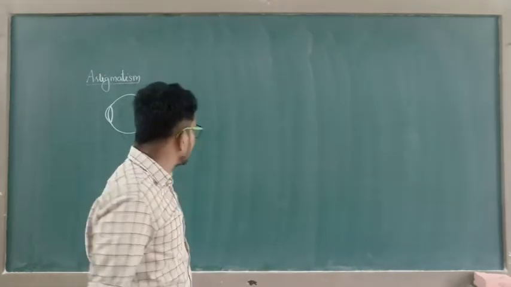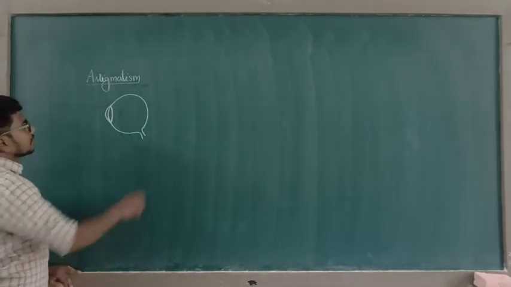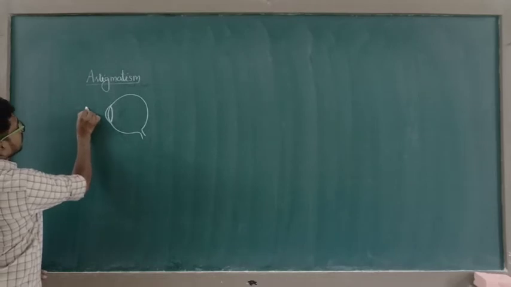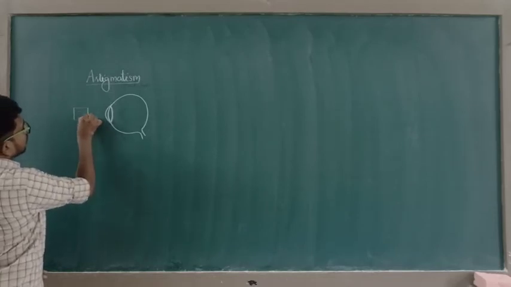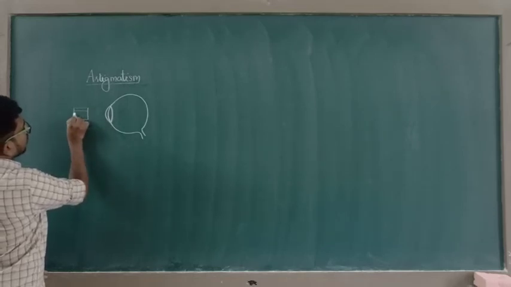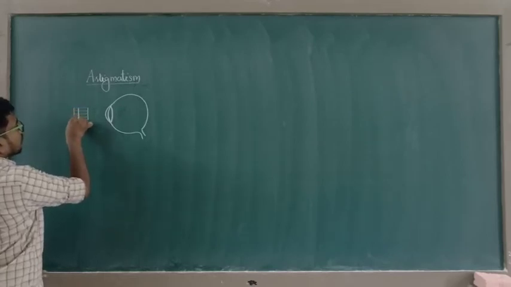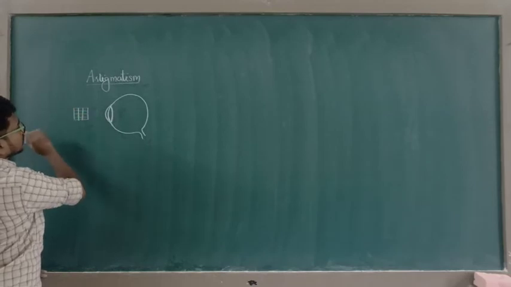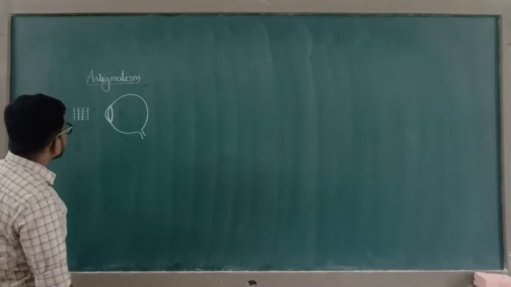Now let us consider an object with horizontal views and vertical views. So this is our object, that is a mesh. This contains horizontal and vertical views.